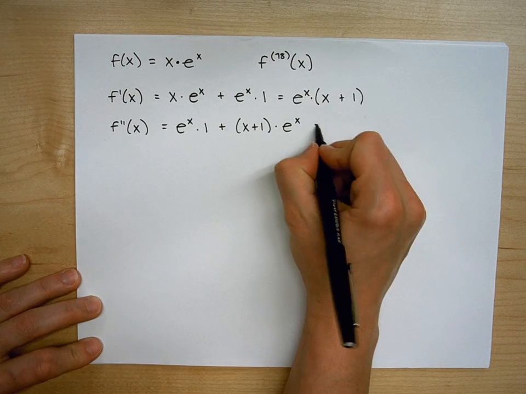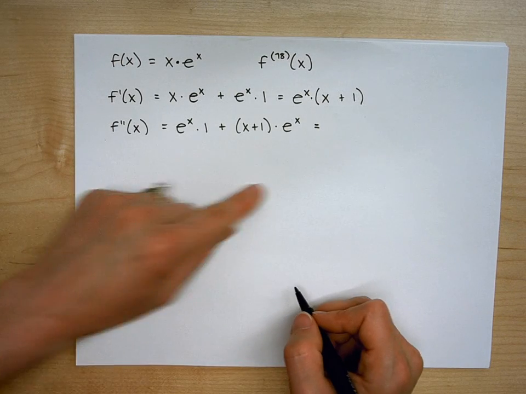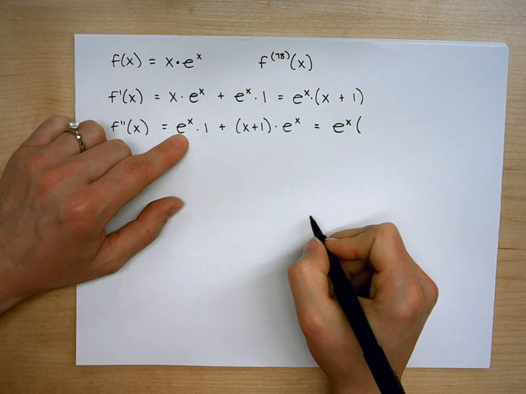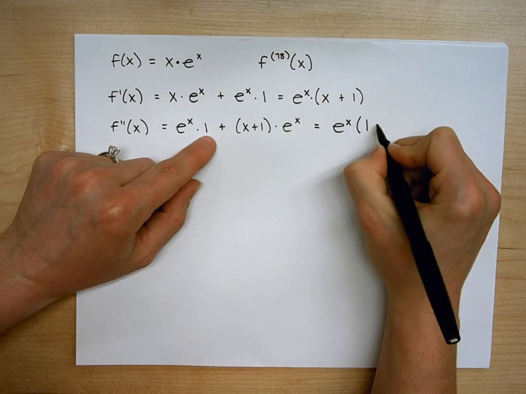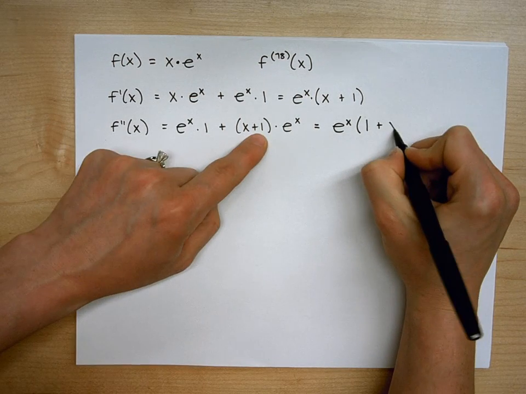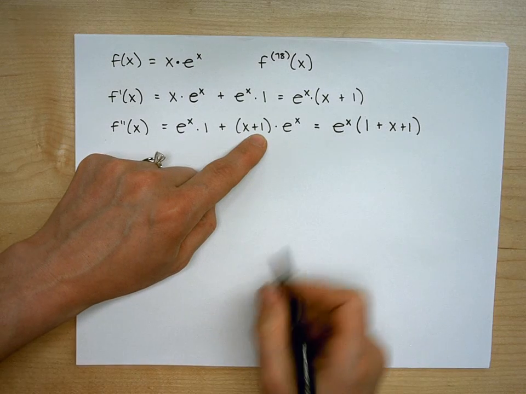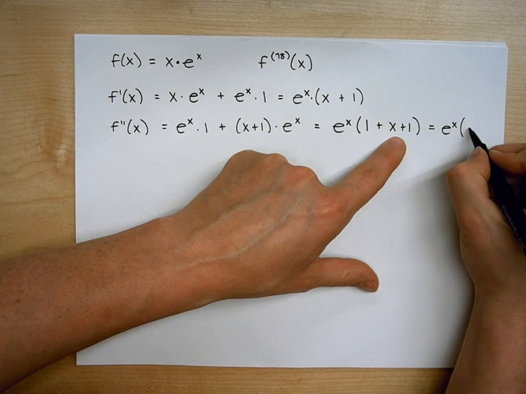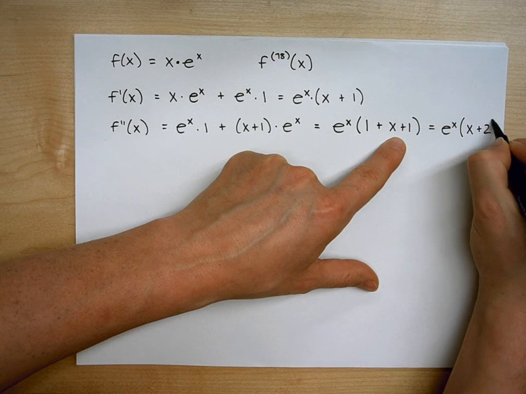Let's go ahead and simplify this again before we go to the next one. I'm going to pull an e to the x out, and I can see that I'd be left with a 1 plus an x plus 1. So combining those in the parentheses, it's the same thing as e to the x, x plus 2.